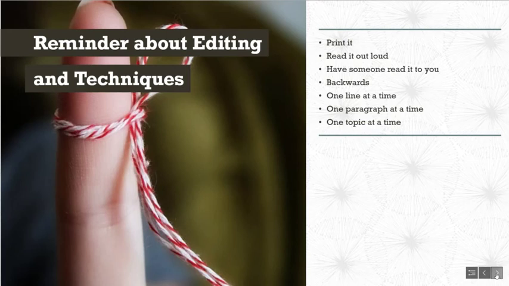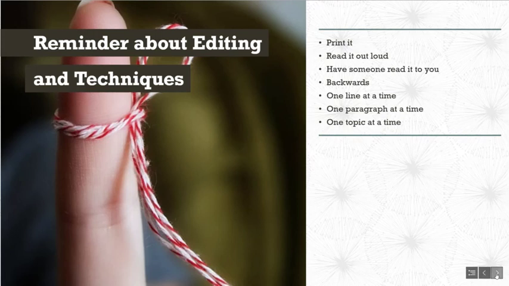Or you can do one paragraph at a time. By looking at one paragraph, you can see how your paragraph flows from the beginning to the end. You can see that transition and the mini thesis in that paragraph: yes, here's my mini thesis, yes, I proved all of my points in here, and then I'm moving into my next topic. I have a strong transition into my next topic.